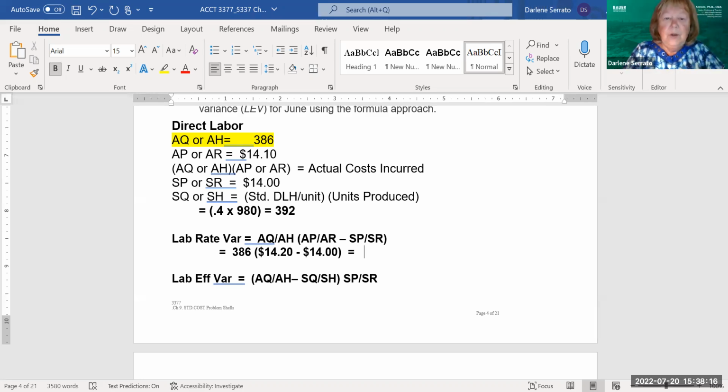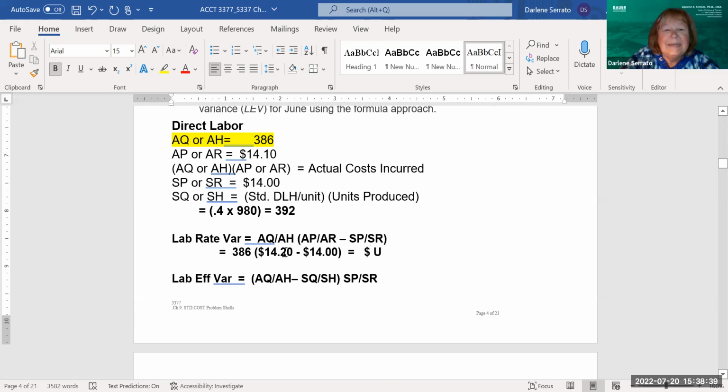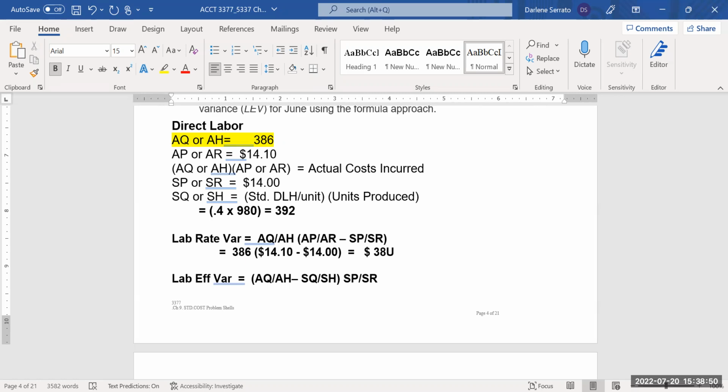Actual was greater than standard, so we know it's going to be unfavorable. 10 cents times the 386 is 38.60.